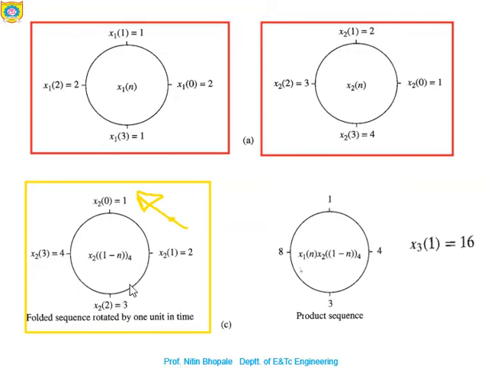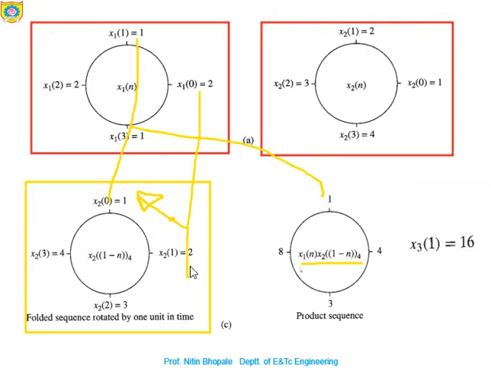Now once we got this x2 of 1 minus n, our task is to perform this operation, that is x1 into x2 of 1 minus n mod 4. After this, multiply these respective sequences. It means this sequence will be multiplied, 1 will be multiplied with 1, so this is giving value 1.